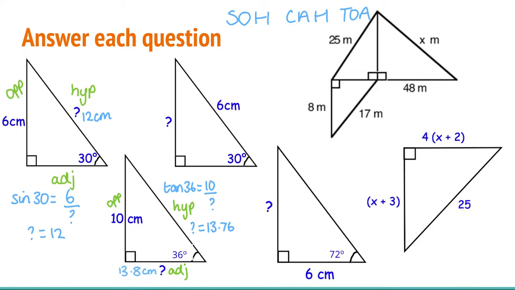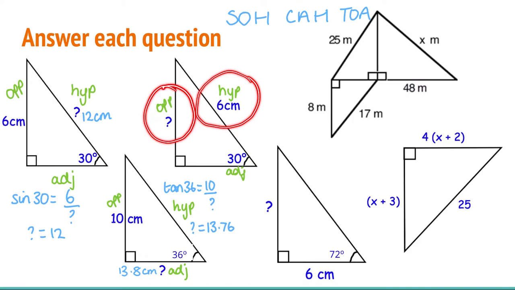The next one, I'm looking at this triangle here. Again, I need to label it first. So I have my opposite, my hypotenuse, and my adjacent. This time I'm trying to find the opposite, and I'm given the hypotenuse. So I'm using the O and the H. So again, this one's sine.